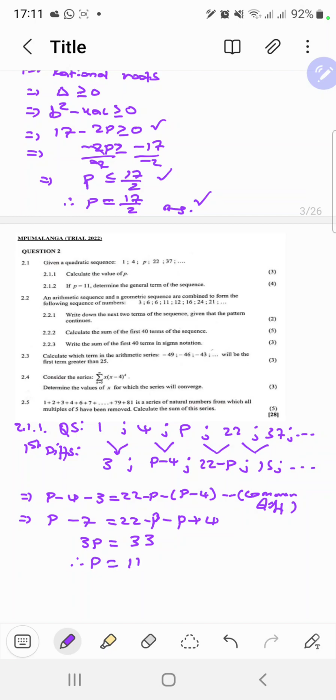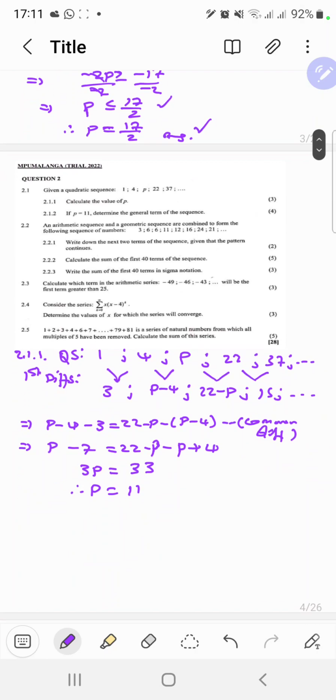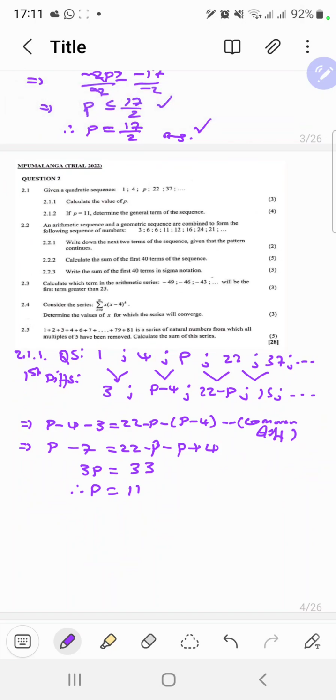Just confirm, when everything is moving smoothly, you always want to make sure you double check it. So that is the value for p. Again, you are getting 3 marks. What is important here is to get this statement, because it aligns everything. And then, of course, you get the answer there.